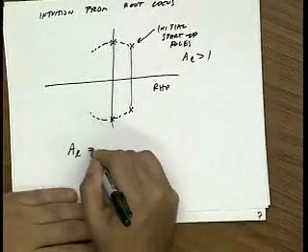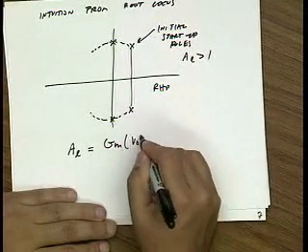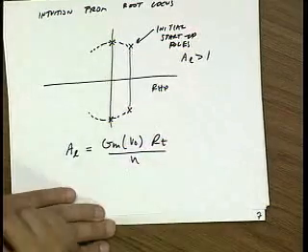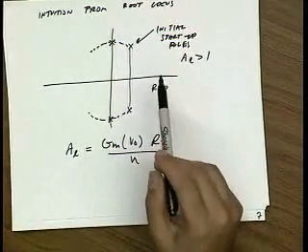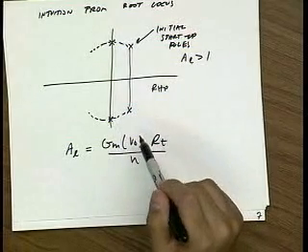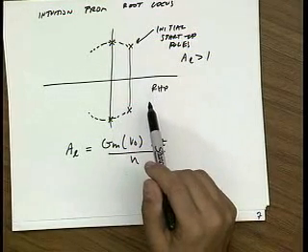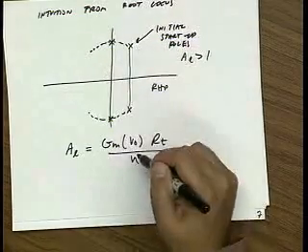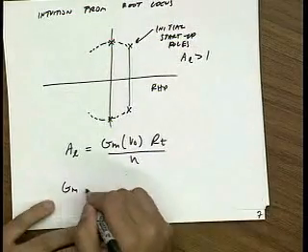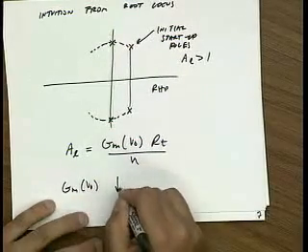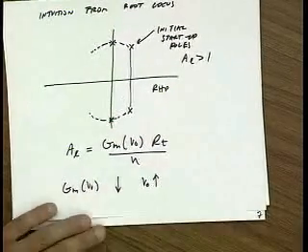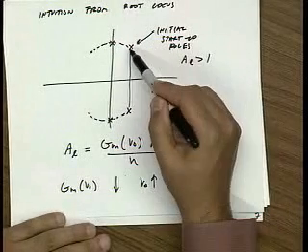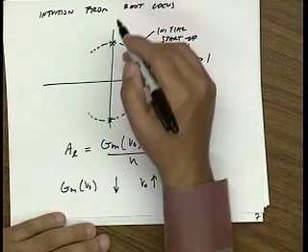But at any given time, the loop gain is GM(VO) as a function of VO times RT over N. And we know that if we limit the current of a bipolar, it tends to compress. So as the oscillation amplitude gets bigger and bigger, the GM gets smaller and smaller, right? So GM as a function of VO goes down as VO goes up. That means that as the system grows, as the amplitude grows, the poles move to the left.